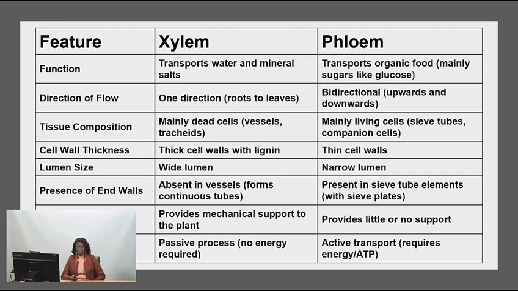The xylem provides mechanical support to the entire plant, while the phloem provides little or no support at all. The energy use. The xylem uses what we call a passive process because it requires no energy, while the phloem requires active transport because it needs energy from the sun, energy that is converted into ATP.